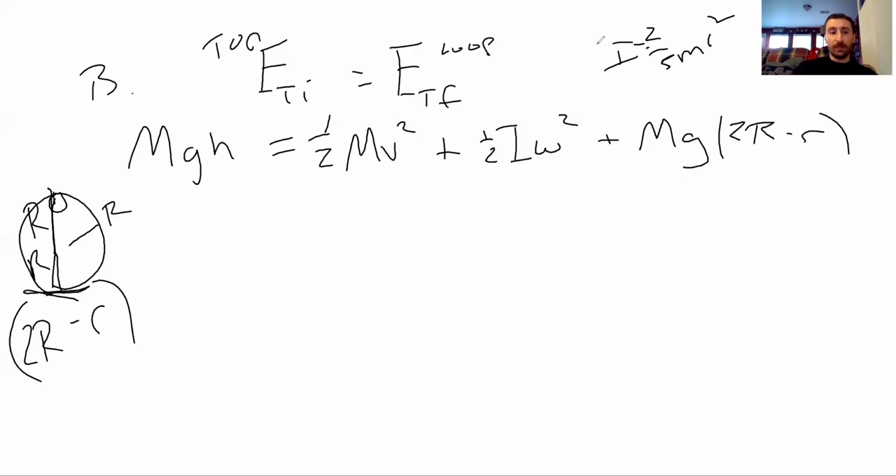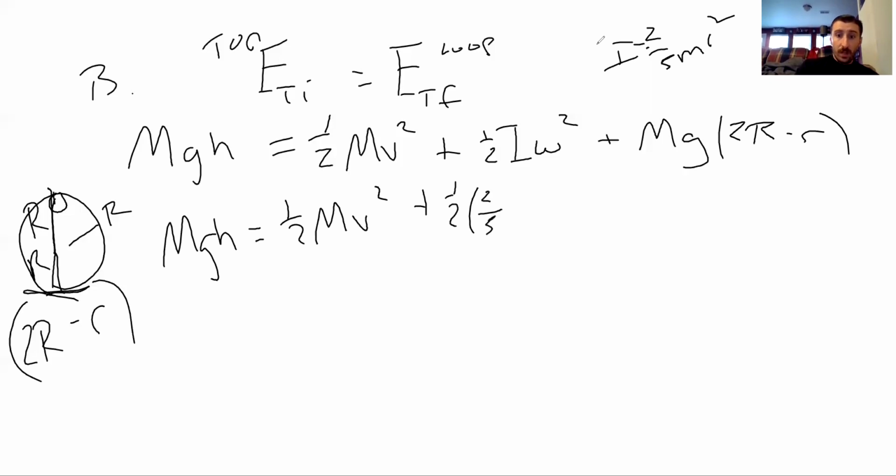So let's start simplifying this to get it in terms that we can use. mgh equals, I know all those terms, so 1/2 mv squared plus 1/2 I, which is equal to 2/5 mR, well, that's capital R, sorry, squared. Omega squared, all right, is going to be v squared over R squared. And we just do this.